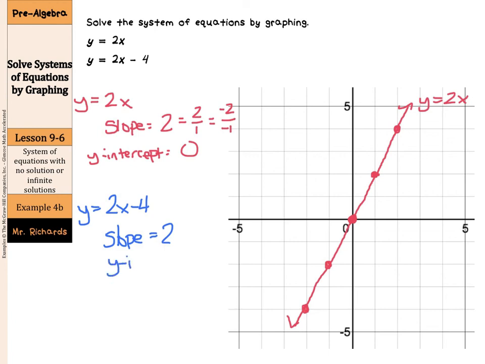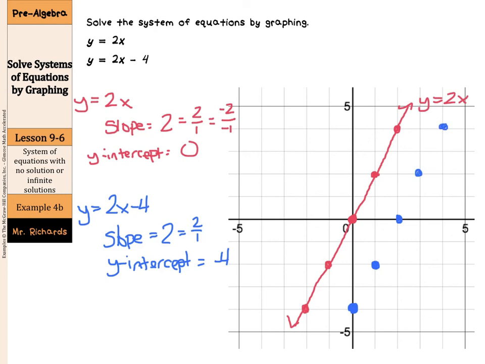And we have a y-intercept. It's a minus 4, so negative 4. So our slope is 2 over 1, and we have a y-intercept of negative 4. So we'll go up 2 over 1, up 2 over 1, up 2 over 1.